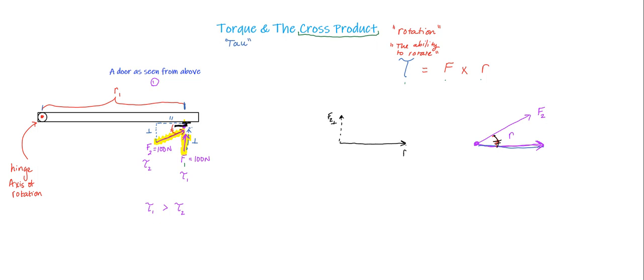Now, another way you could look at it in this exact same situation is you could say, instead of leaving the r vector the same and finding the component of the f, I'm going to leave the f the same, and I'm going to find the perpendicular component of the r. If you think about it from this perspective, I would need to draw a component that is perpendicular to the f vector.